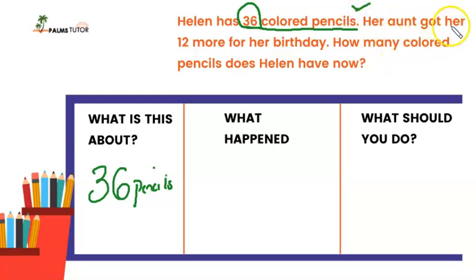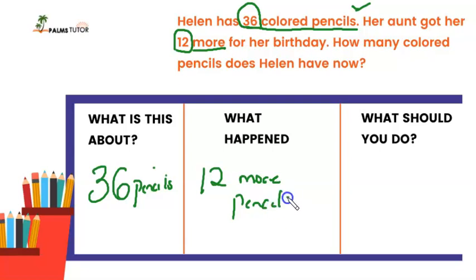Her aunt got her 12 more for her birthday. What does this tell you? She got 12 more what? More pencils. 12. This is what I'm concerned about. So she has 12 more pencils.